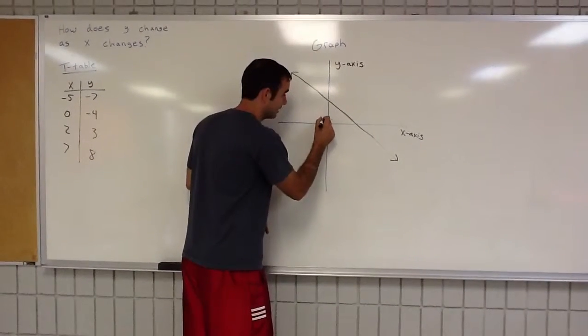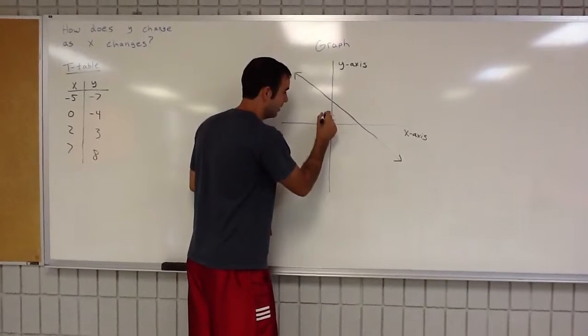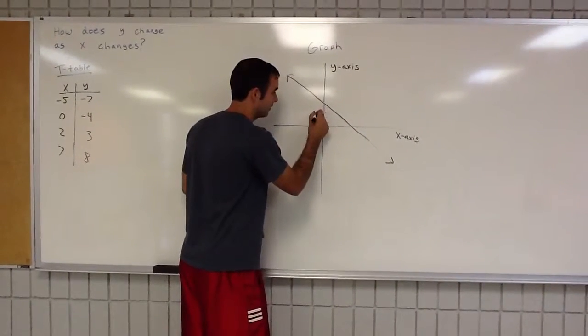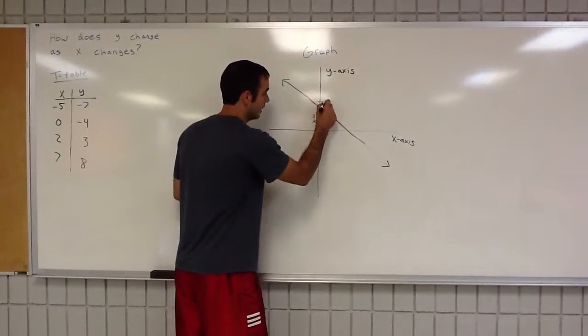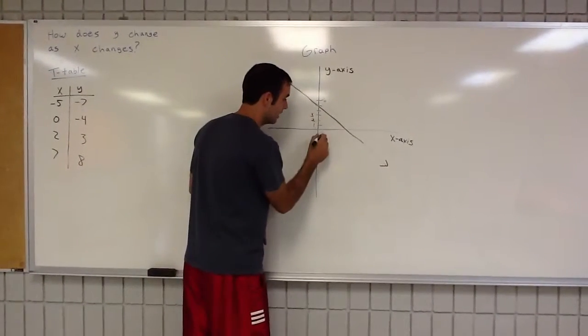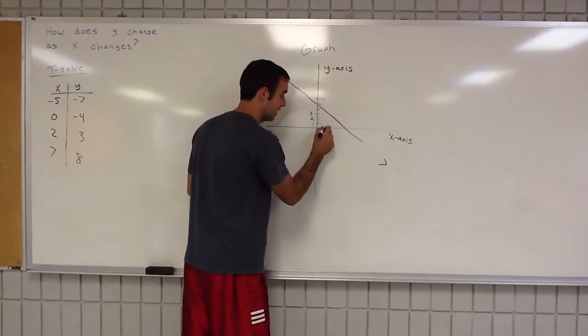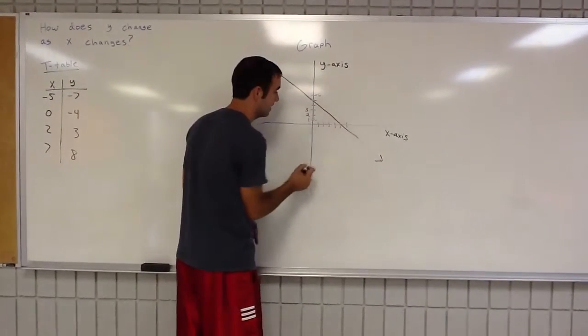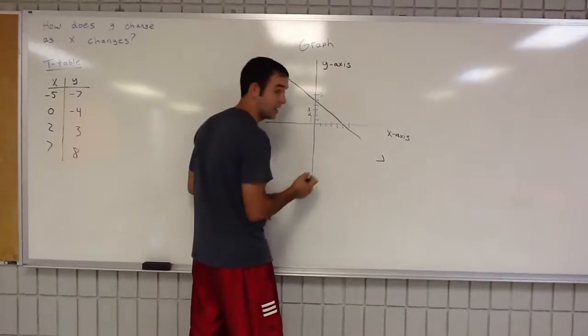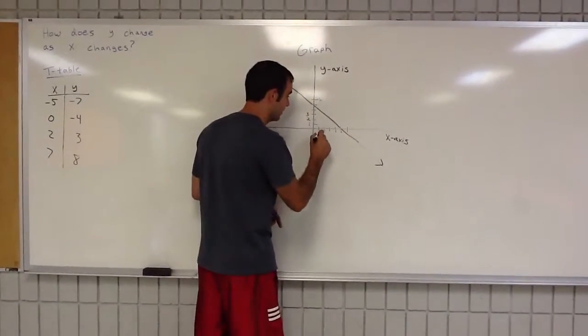So right here you get +1 for y, +2 for y, +3, 4, 5, 6. Okay. And going this way, you get +1 for x, +2, +3, +4, +5, +6. You can just go on forever. I'm just kind of showing you how this works is all I'm trying to do.